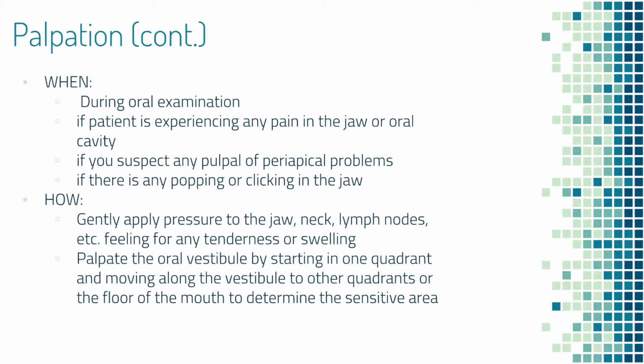So if you start in the upper right quadrant, palpate the oral vestibule on both the lingual and buccal side, just feeling that vestibule with your fingers and applying light pressure, and just go all the way along the maxillary to the other quadrant, feeling for any irregularities, or seeing if the patient has any sensitivity or swelling, and then you can drop down to the lower quadrants and move along that way as well.